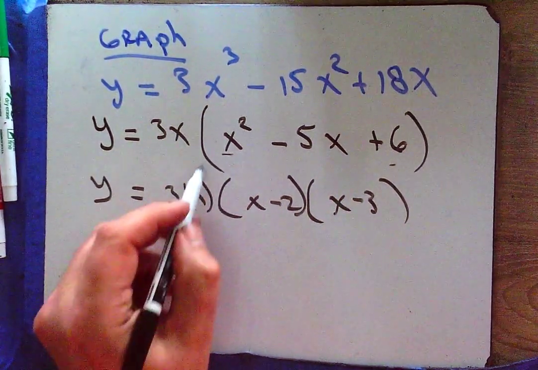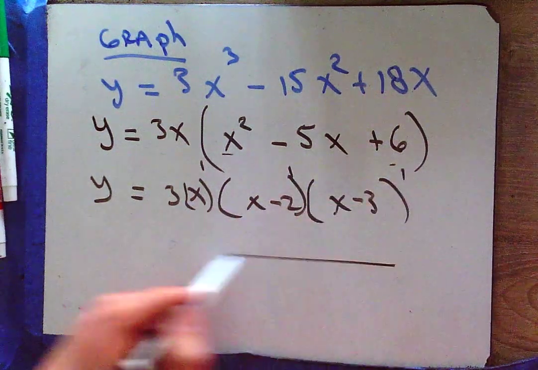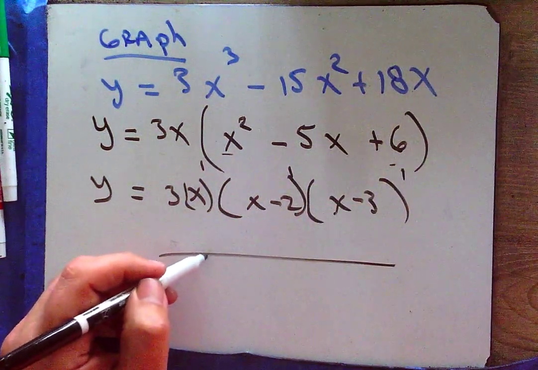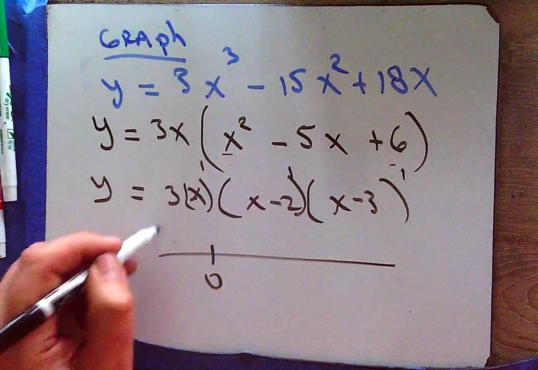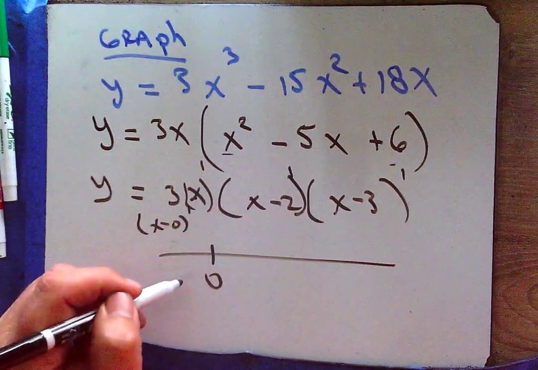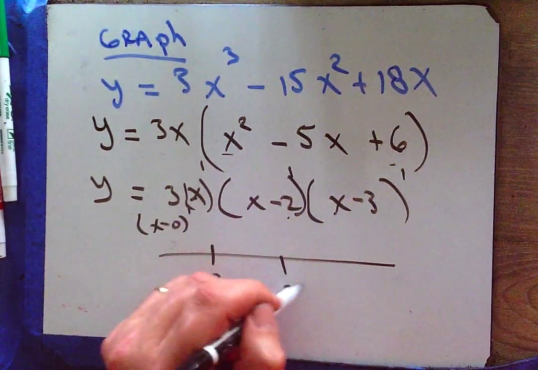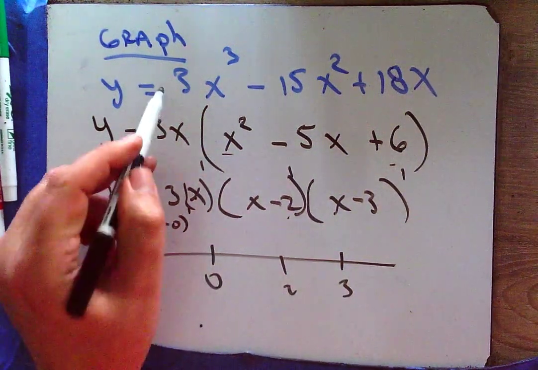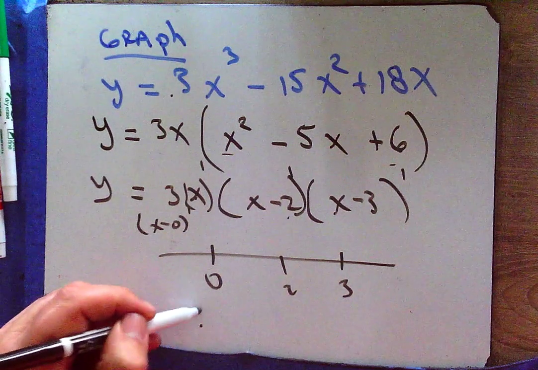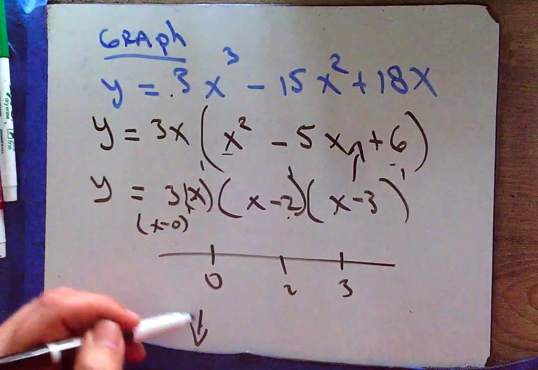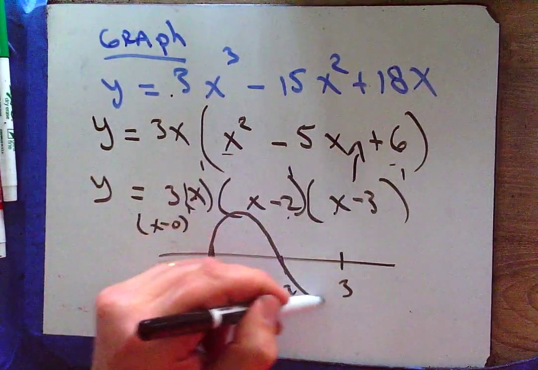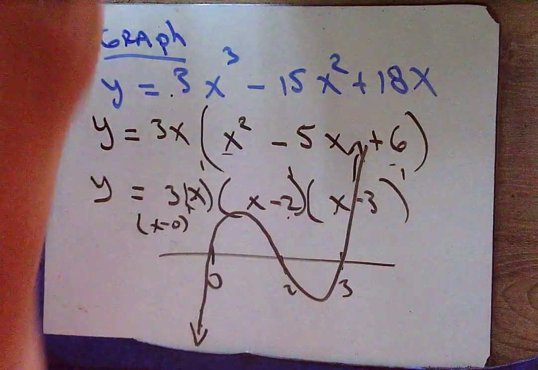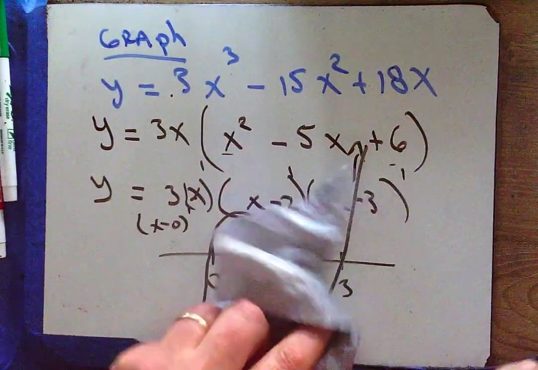Each of these factors has a multiplicity of 1, so I know I'm passing through at 0, because remember that's x minus 0 to the first. I'm passing through at 2, and I'm passing through at 3. And this is a positive x to the third, so this end is down, and this end is up. Woo! There's my graph.